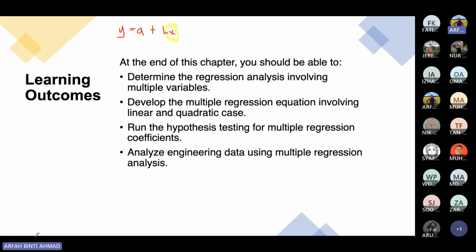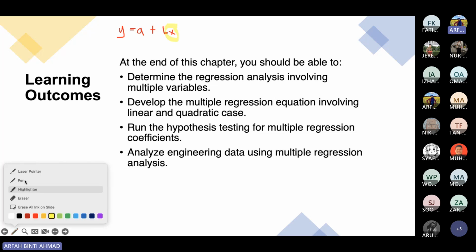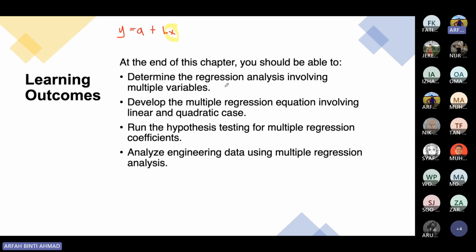But in multiple linear regression, the idea is you have more than one independent variable. So you have y equal to a plus b1 x1 plus b2 x2 and so on. Okay. But for this syllabus, it will be limited up until two independent variables.